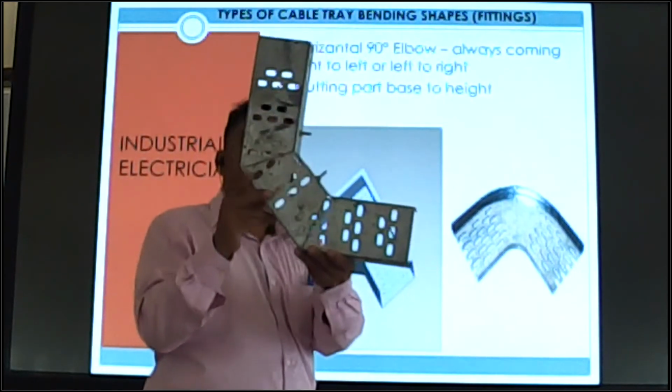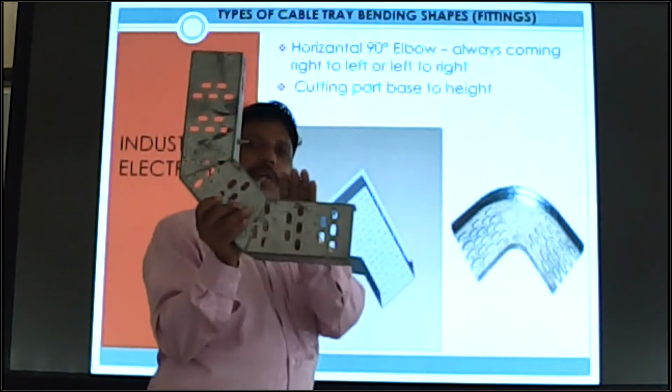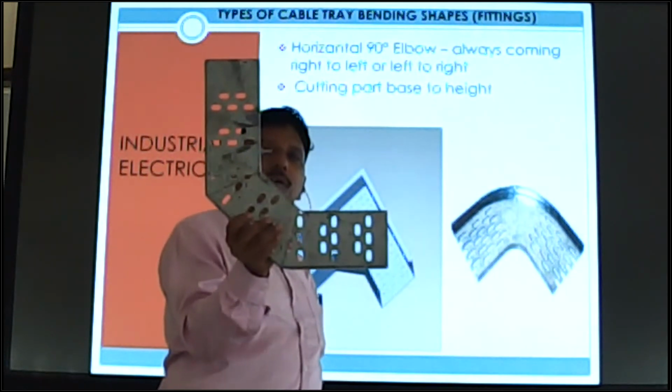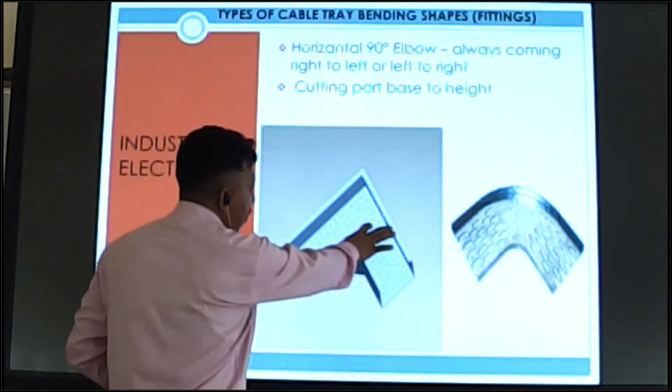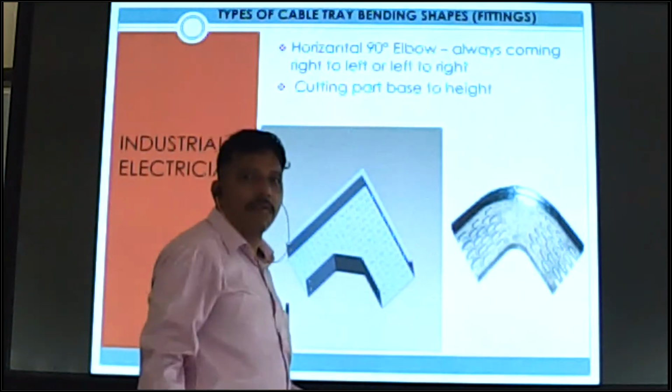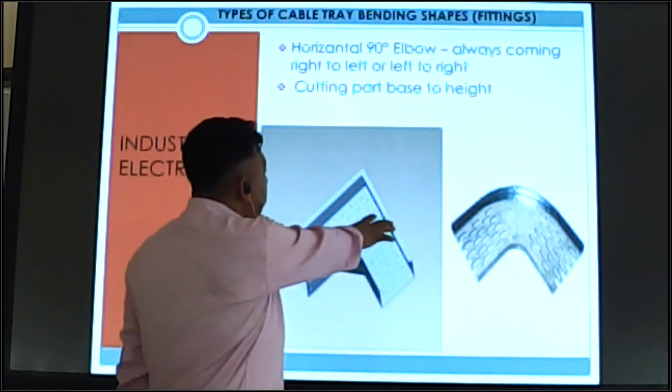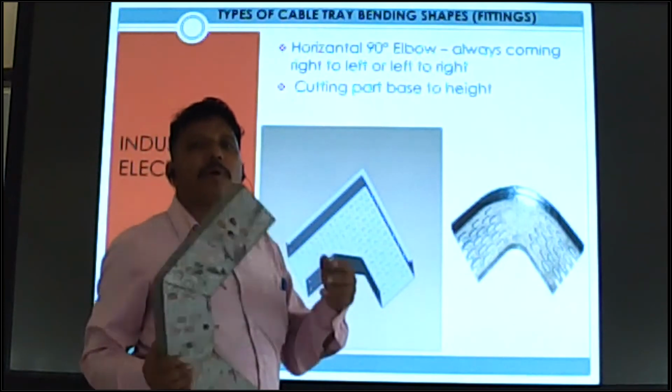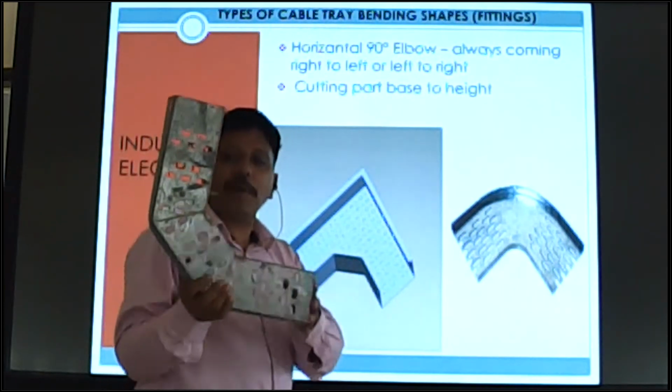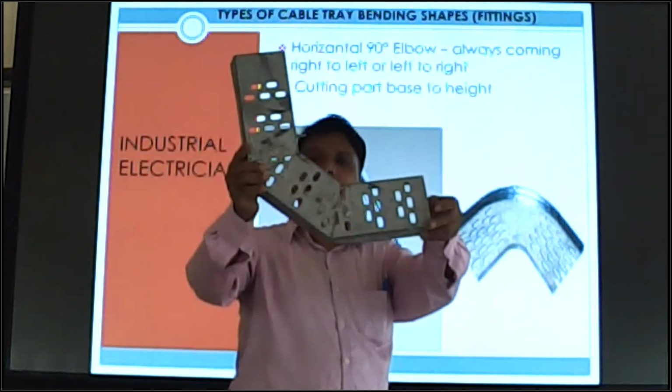This kind of 90 is made by hand, and this is the original fitting that comes from the company. But sometimes in some projects you can make it by hand, like that 90.